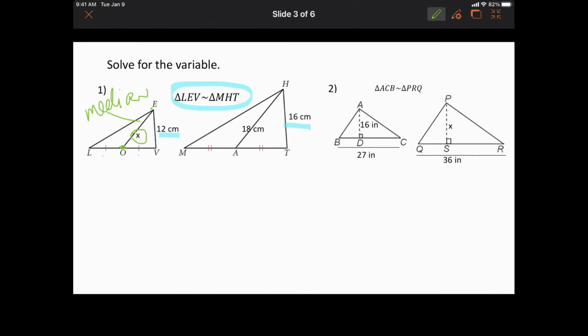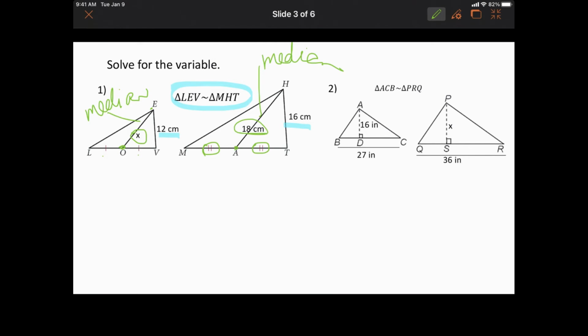So I'm looking over here, A is the midpoint. Again, you can see the congruence, so this also is a median. So they must correspond, the x and the 18. So they are in the same ratio as the two sides.